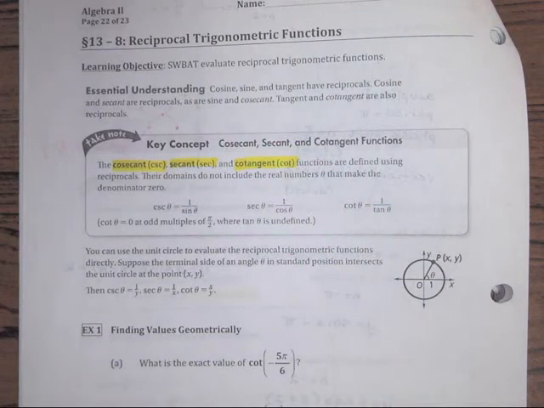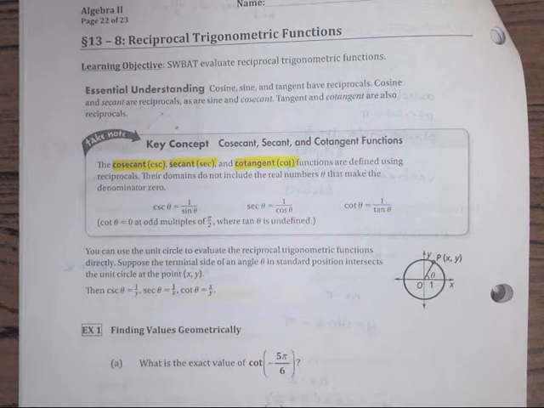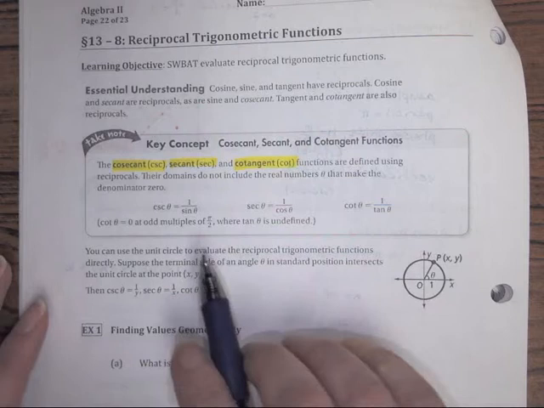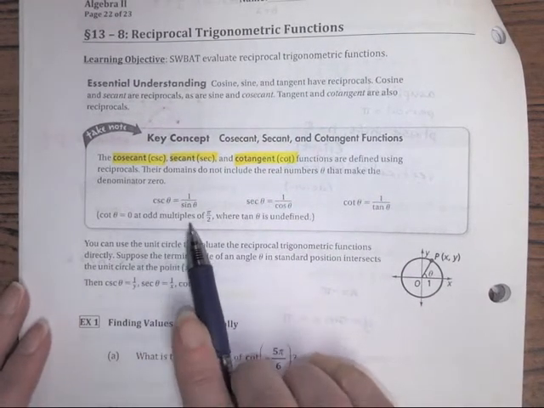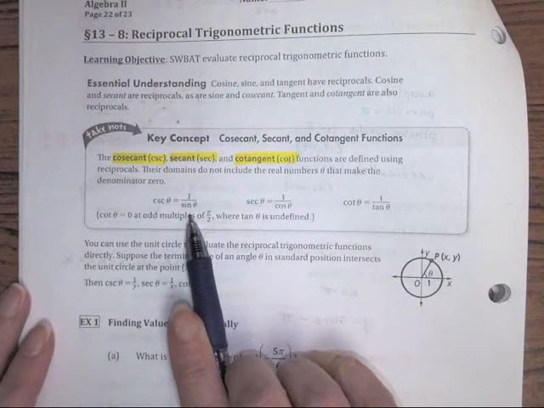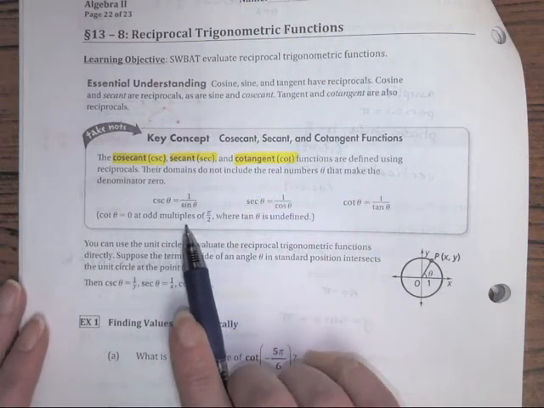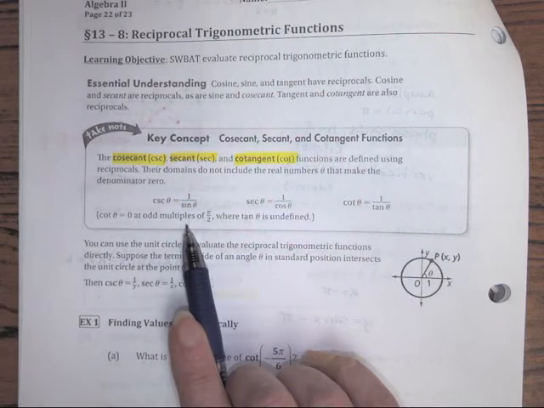And the reason that they are called reciprocal trig functions is they are each a reciprocal of one of our original three trig functions. So cosecant is the reciprocal of the sine function. It's 1 over the sine value at that angle theta.